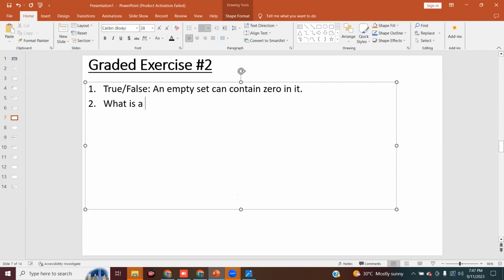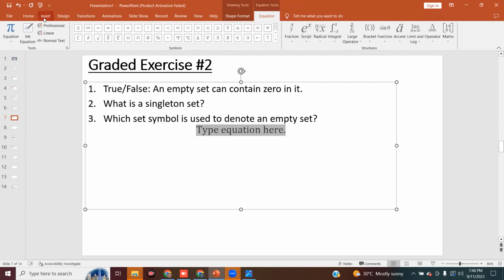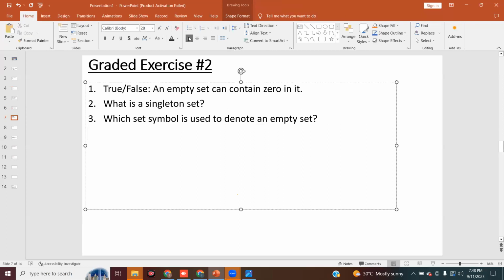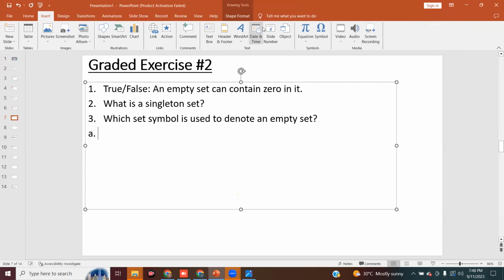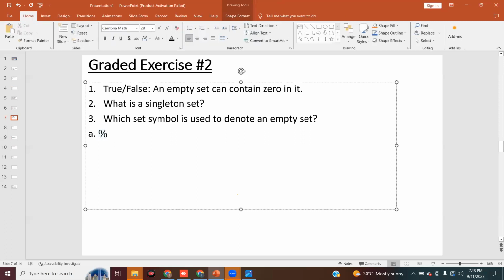So what is a singleton set? Wait, which symbol is used to denote an empty set? Is it A, B?